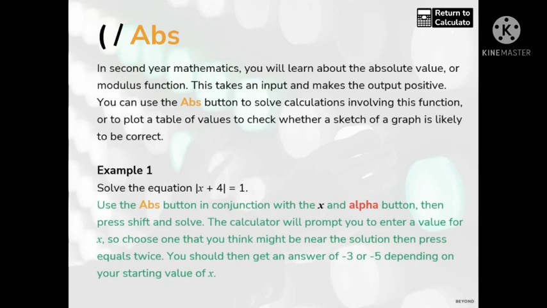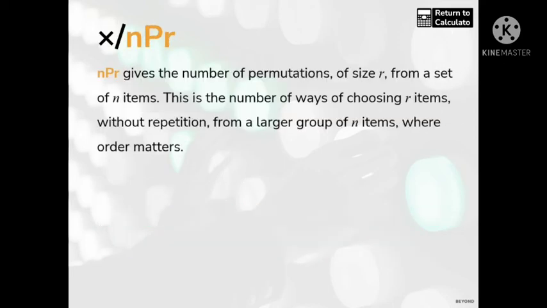So, using the abs button and the alpha button and all that fun stuff, you'll get minus 3 or minus 5. Because don't forget, minus 3 will work, because you get minus 3 plus 4, which is 1, modded, which is 1, which works. Minus 5 plus 4 is minus 1, modded will give me plus 1, which is also correct, and those are the only 2 solutions that will possibly work. Okay.